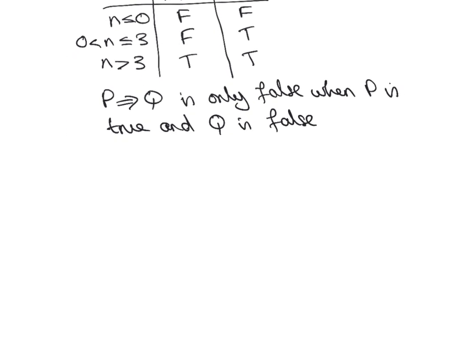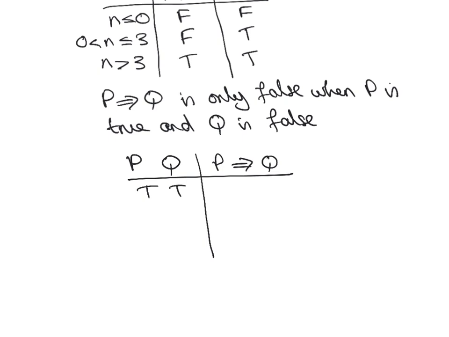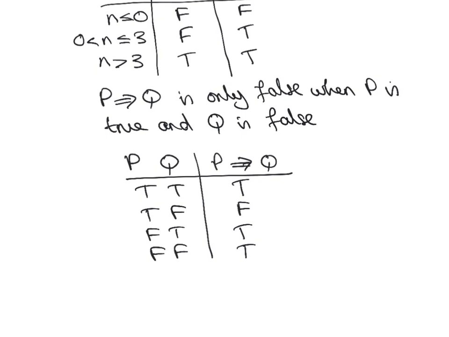So if we summarise this in a general truth table, the statement P implies Q will be true in all cases except for the case when P is true and Q is false.